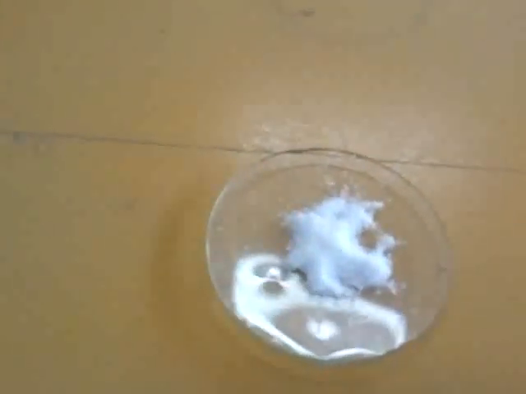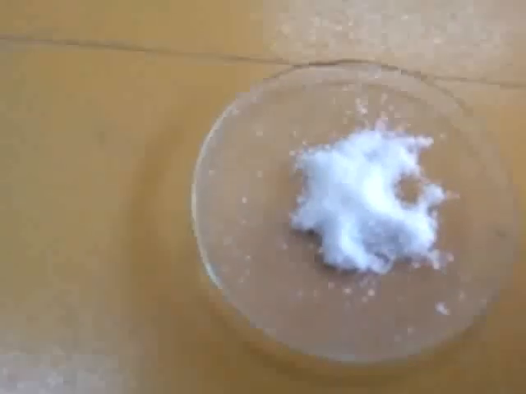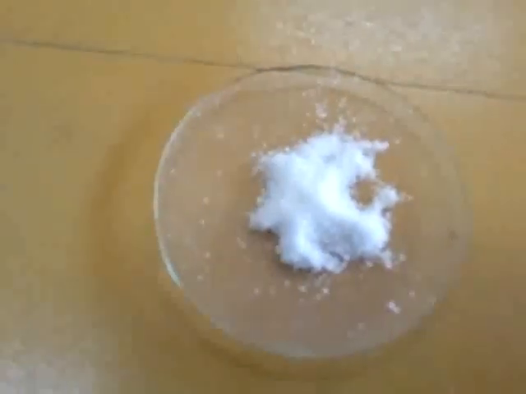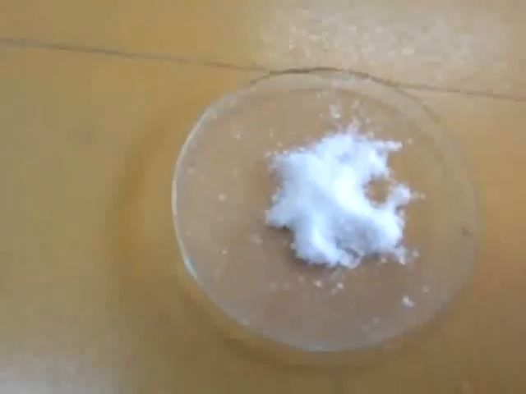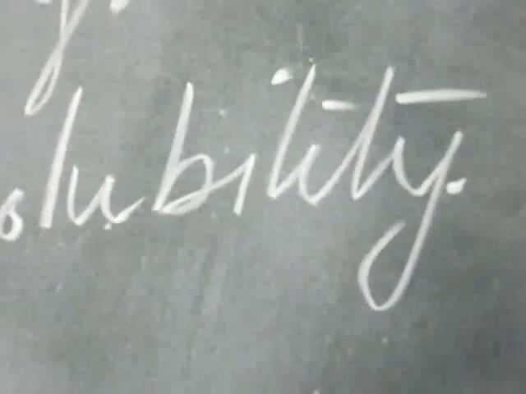If your salt looks like talcum powder, with no definite geometrical shape, then it is amorphous. So give a close look here. It is sandy and looks like salt or sugar. It has a definite shape, so it is crystalline. Here you write, physical state is crystalline.